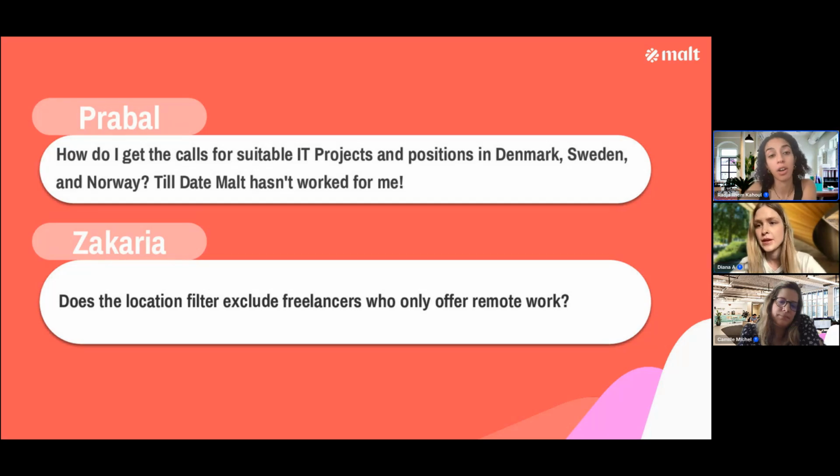Malt is still a local first platform. So if you're in the Netherlands, make sure you put it in Dutch. Really make sure you match the language of your country, because we are still local first, and we will always be pushing first the profiles that are close to clients. And then also, really don't worry about the cross languages thing. Actually, we translate everything automatically, and it translates pretty well.